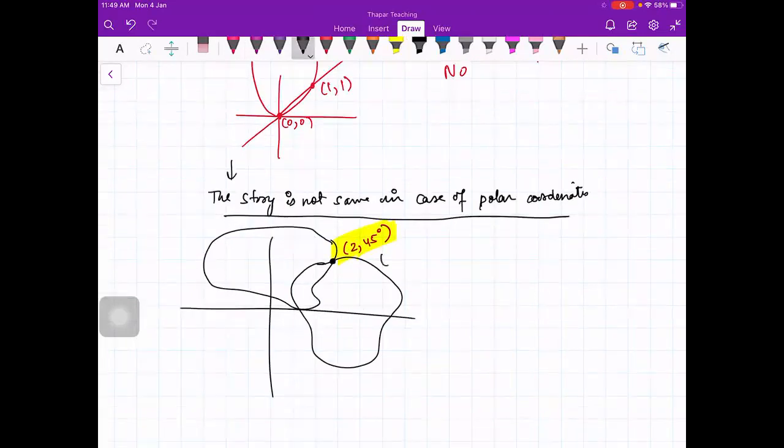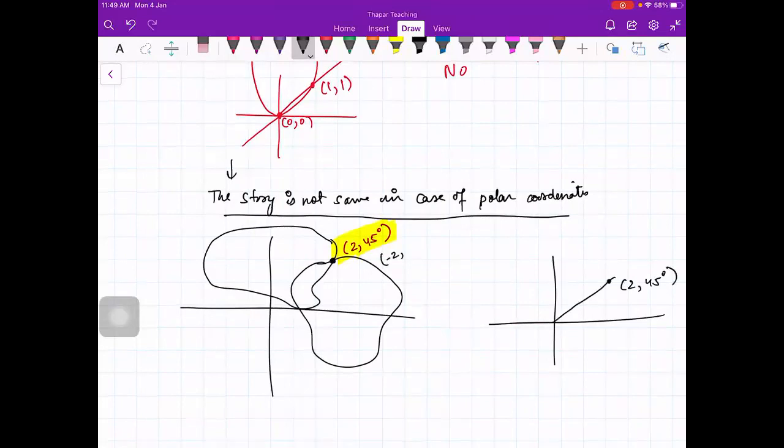Minus 2, 135? I told you already in the first lecture. This point is minus 2, plus 90, 135 degree. 225. No, 180 degree. Yeah, 225. Sorry.